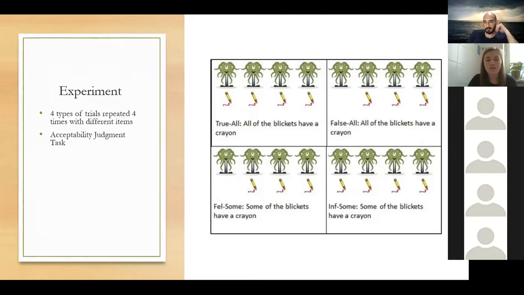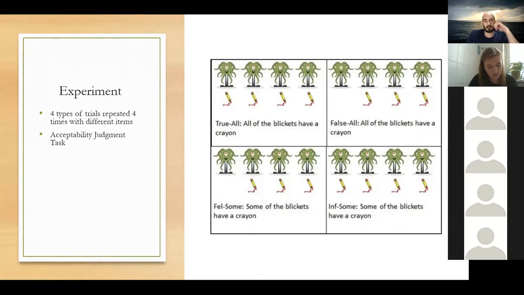So the first 3 trials were based more on semantic judgment, and the last trial, the infelicitous some trial, tests the pragmatic judgment and the ability to generate scalar implicatures. Each trial was repeated 4 times with different items.